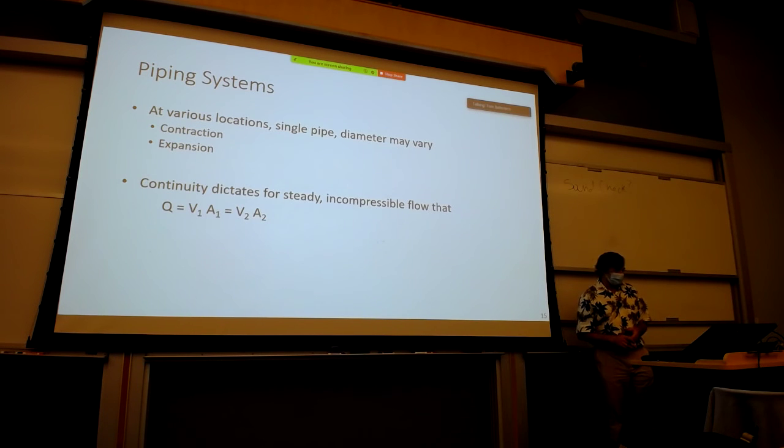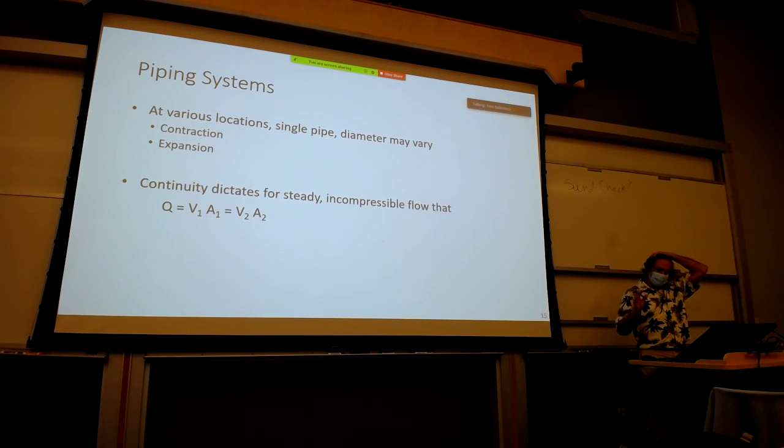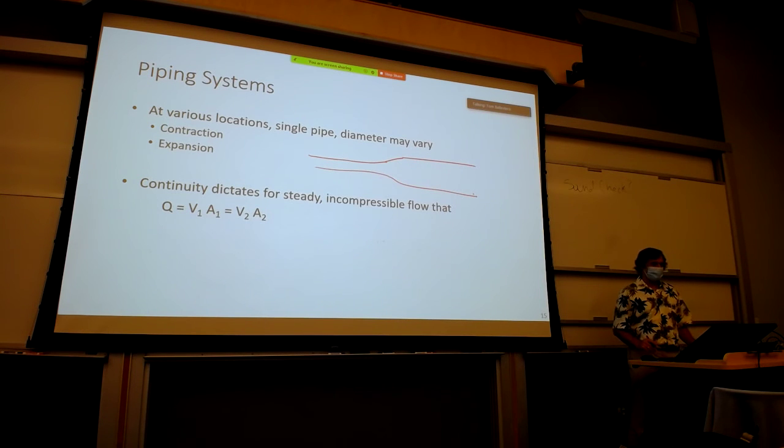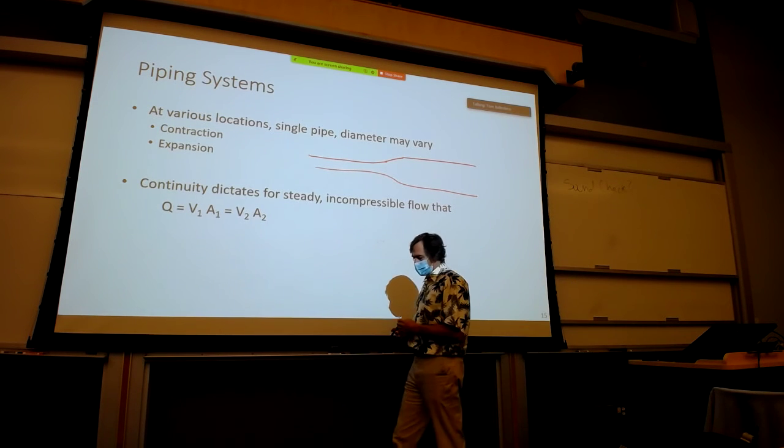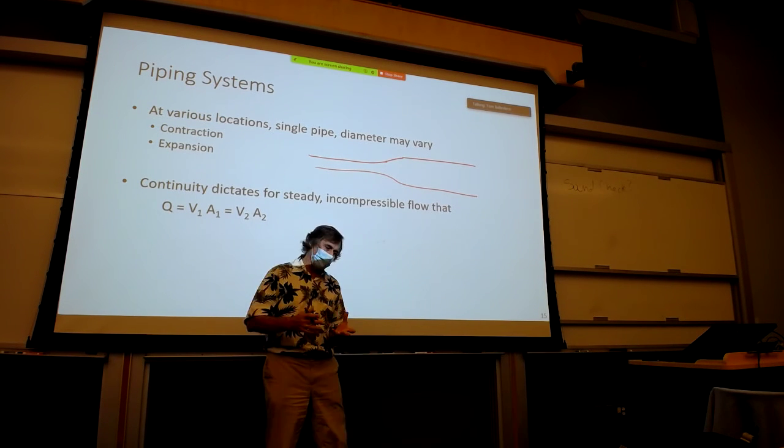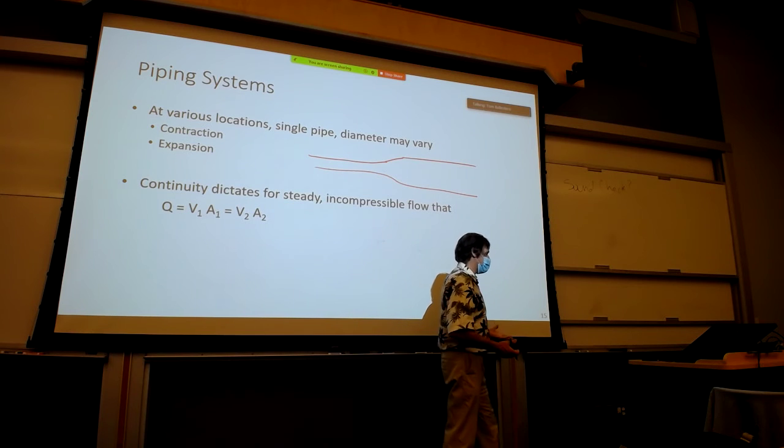For piping systems, at various locations, if you have a single pipe, the diameter can vary. So we're coming down and then we increase the diameter, or we decrease the diameter. When we say the diameter in a single pipe is changing, we're talking about either an expansion or a contraction.